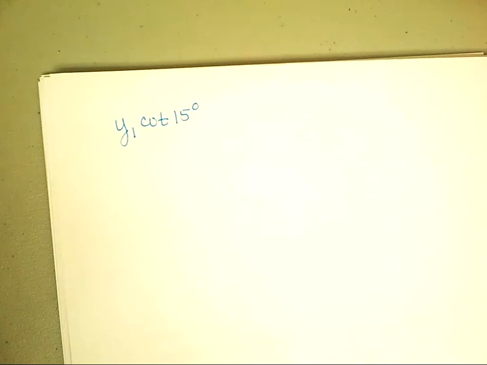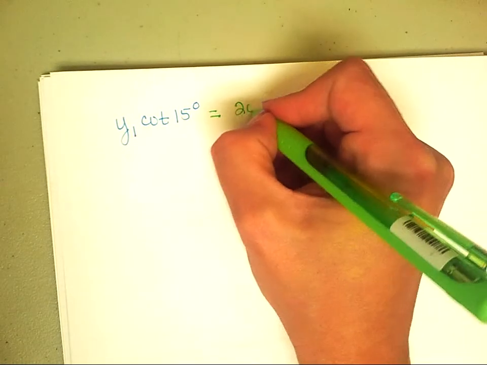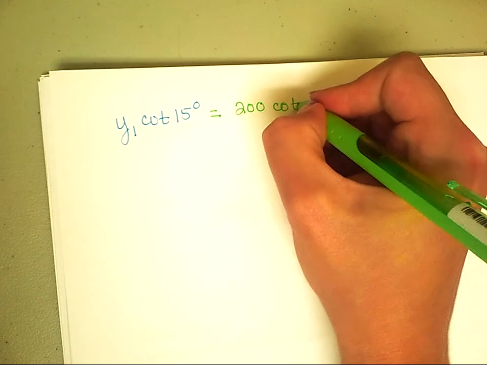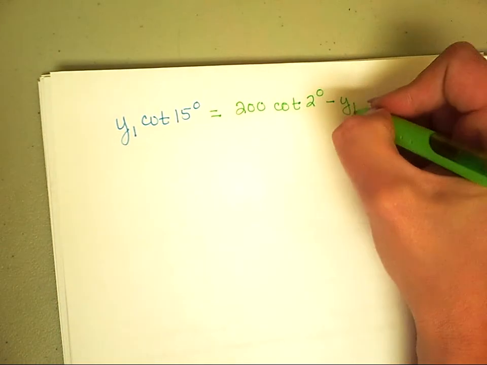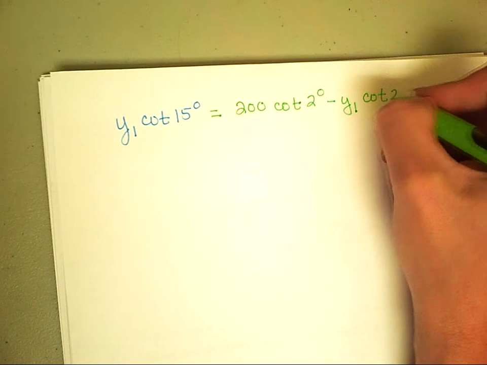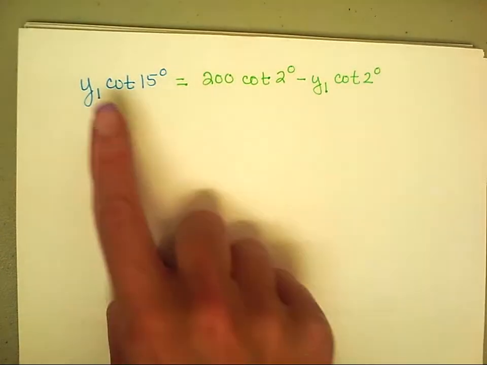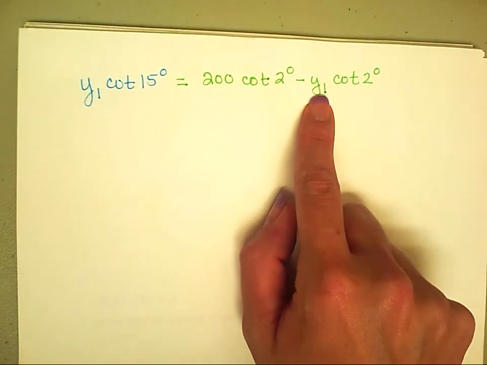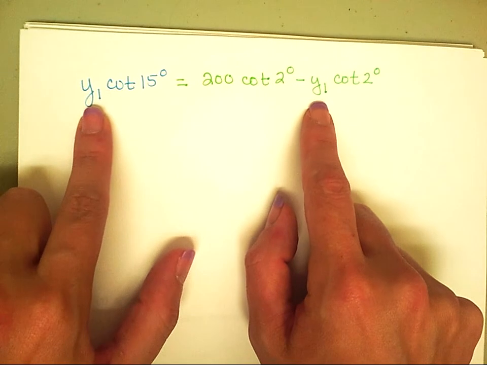That is, y1 times the cotangent of 15 degrees has to be equal to 200 times the cotangent of 2 degrees minus y1 times the cotangent of 2 degrees. And now this we can solve because we have one equation with one variable.